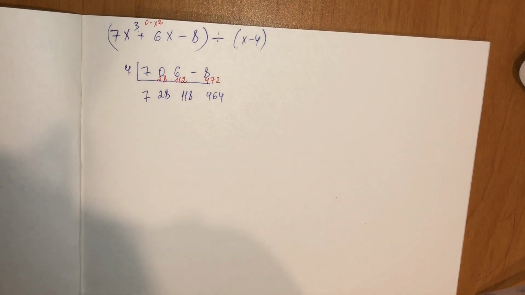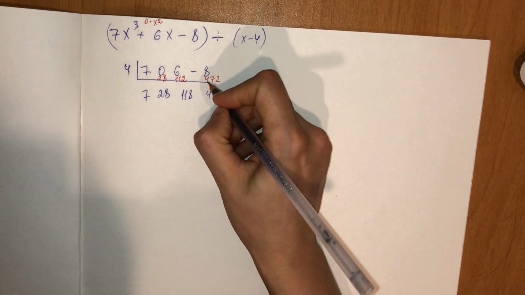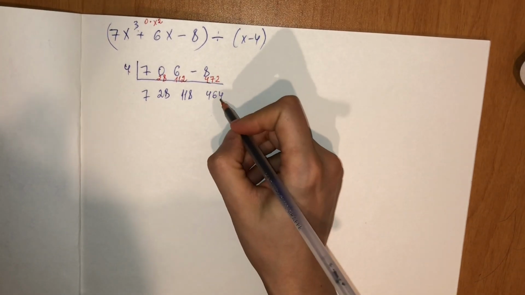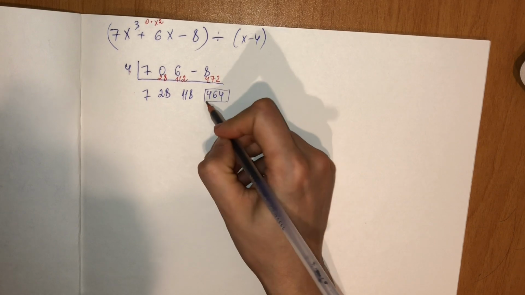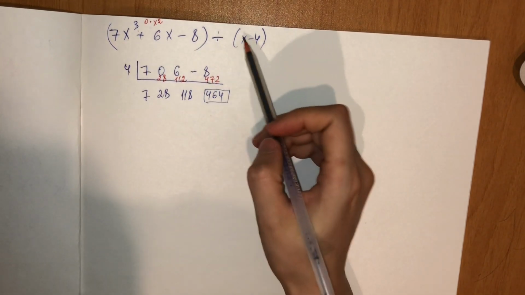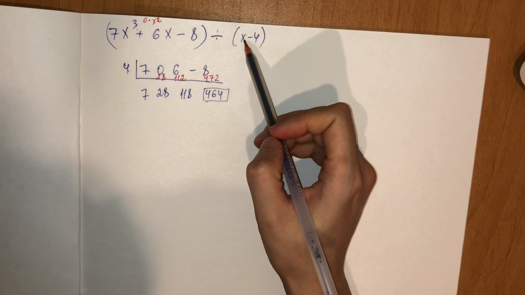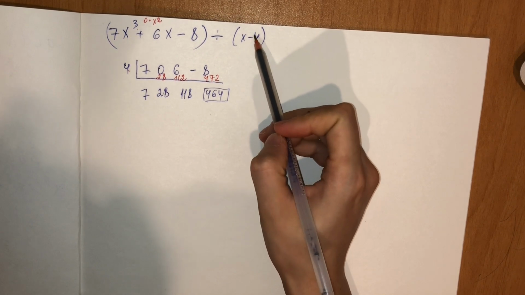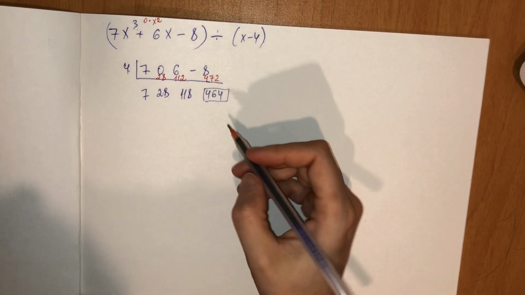So our final result is not equal to 0. So it means that this polynomial cannot be divided by x minus 4 without remainder.